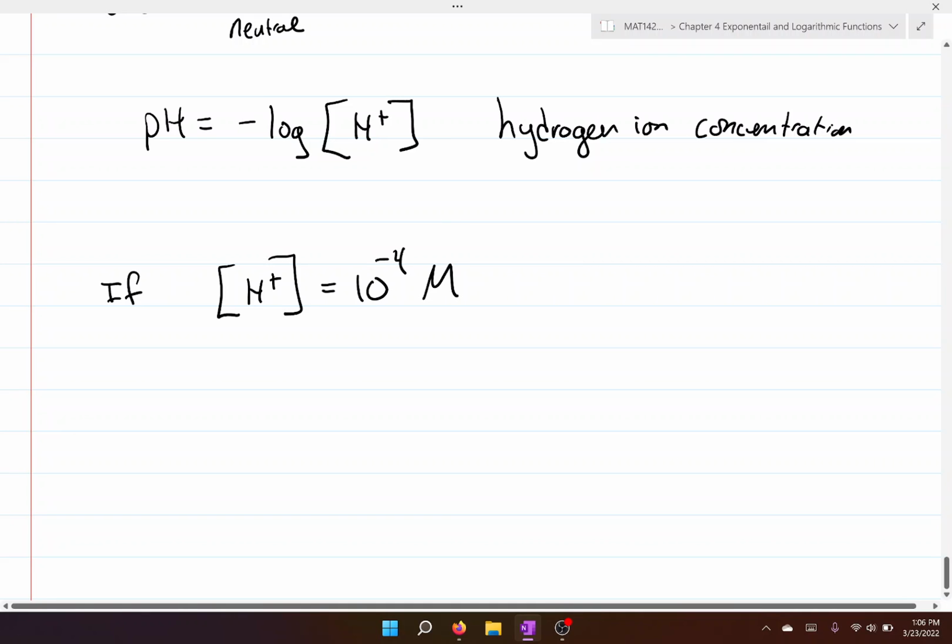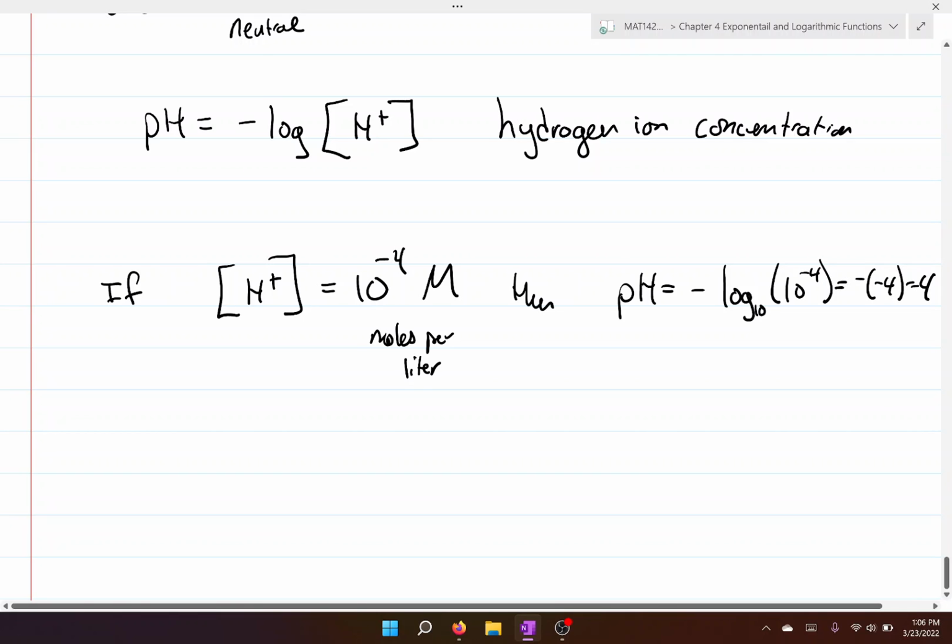Yeah, moles per liter. Then the pH will be the negative log base 10 of 10 to the negative fourth, which is a negative 4 or just 4. So we're going to basically model all of our examples off of this simple one, okay?